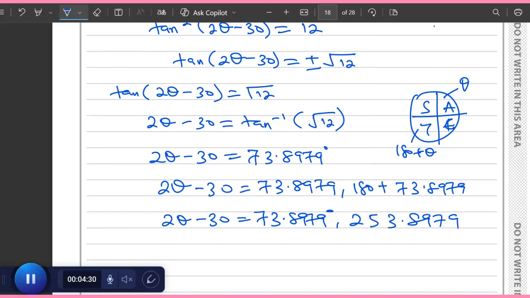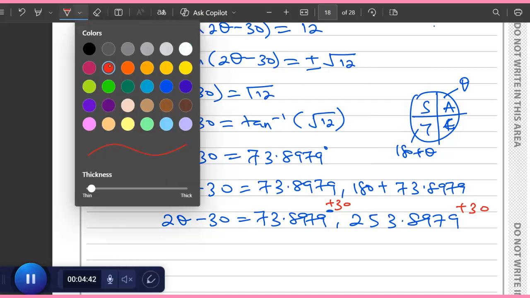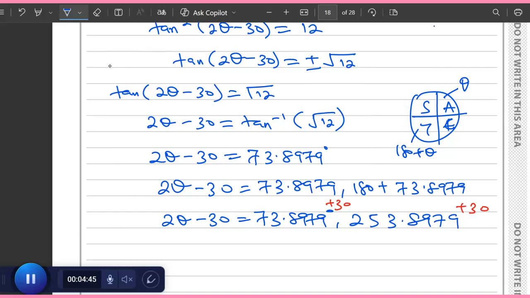Now what we can do here, we can add 30 degrees to both sides, so plus 30 and also here plus 30, so that as the next step you'll have 2 theta equals 73.8979 plus 30. This gives you 103.8979, and 253.8979 plus 30 gives you 283.8979.